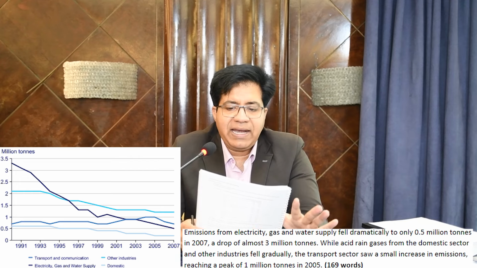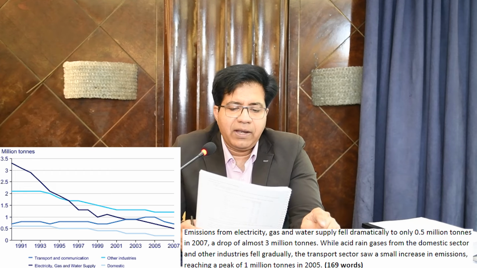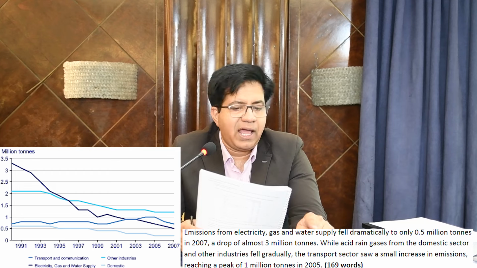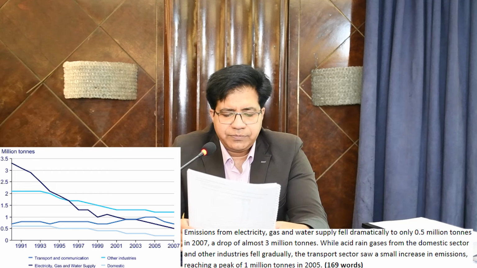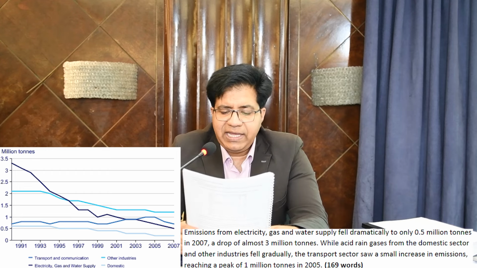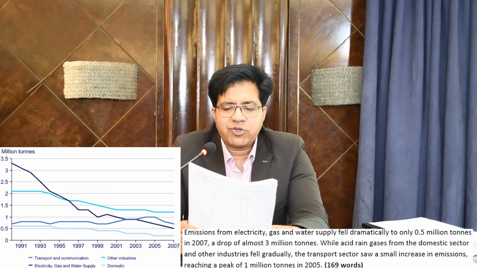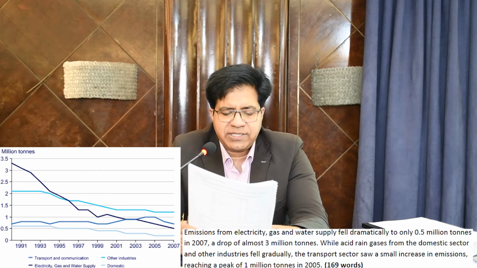Now fell dramatically, and only 0.5 means it reached 0.5. You can see this line number 1. Line number 1 is electricity, gas and water supply. So it fell dramatically in 2007, a drop of almost 3 million tons, while acid rain gases from the domestic sector and other industries, now we are talking about number 3 and number 4, fell gradually.